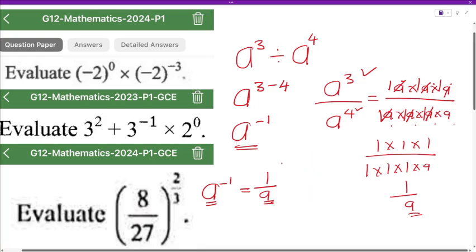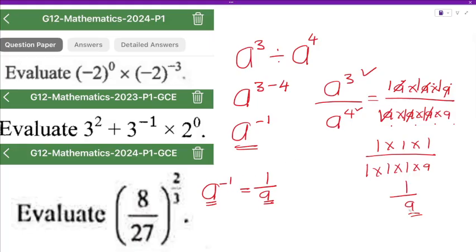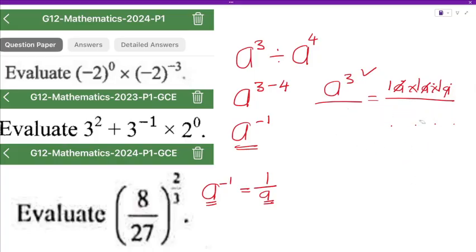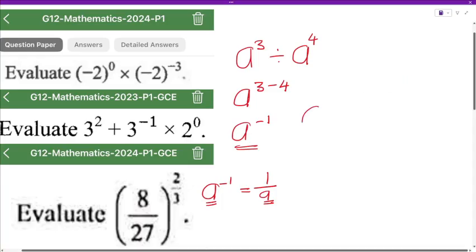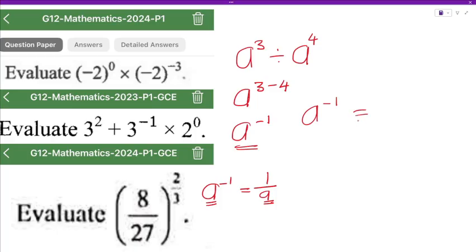All right, so what is the easiest way you can remember this? This is basically what I do personally to quickly remember that any value raised to the power of a negative term is supposed to be written this way. So when you have A to the power negative 1, in order for you to write it as a positive index, simply say this negative here simply means 1 over, and then your base comes down here, and then the power follows the base.